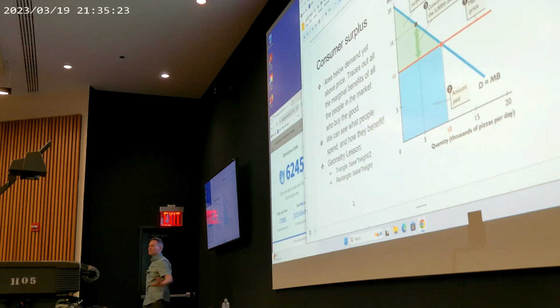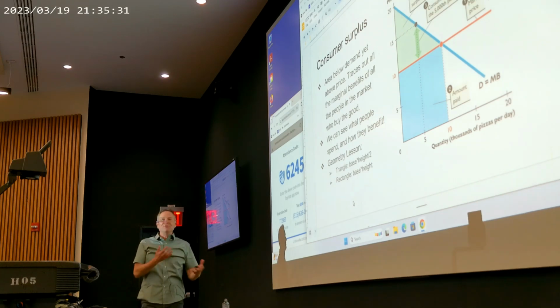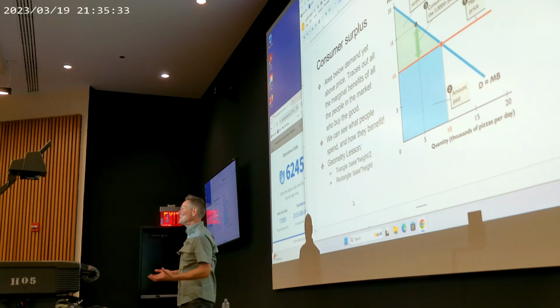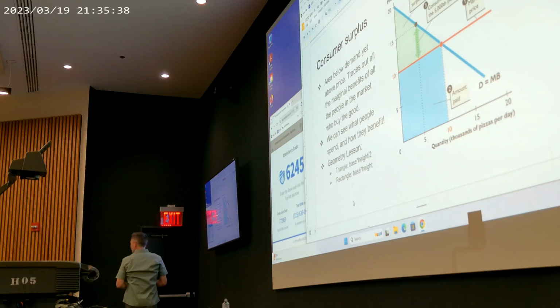Okay, so far so good? This is, and I tend to think of this as, a big moment. It's a moment where you figure out that there's more to supply and demand than you otherwise would think, and that you're actually able to say something about what we're getting in terms of value out of a market, which is kind of a crazy idea.